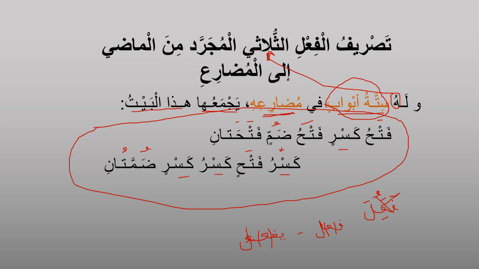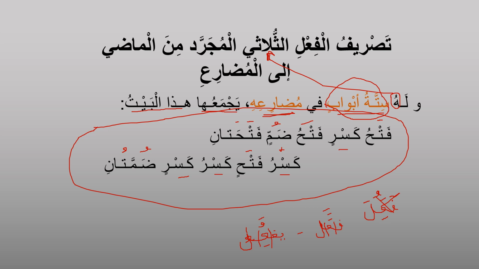So when we say fathu kesri, what we are saying is this madi verb taking fatha and this mudori verb taking kesra. Fathu dhamm means this madi verb taking fatha and this mudori verb taking dhamma. Fathatan means this madi verb taking fatha and the ainul fi'l of the mudori verb also taking fatha, two fatha.